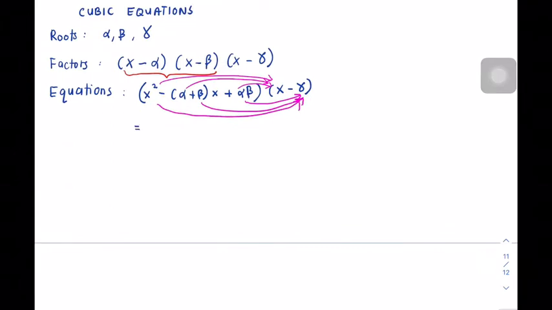So we expand here. x squared times x is x cubed, then negative (alpha plus beta) x squared, plus alpha beta x, and then x squared times negative gamma becomes negative gamma x squared, plus (alpha plus beta) gamma x, and minus alpha beta gamma.